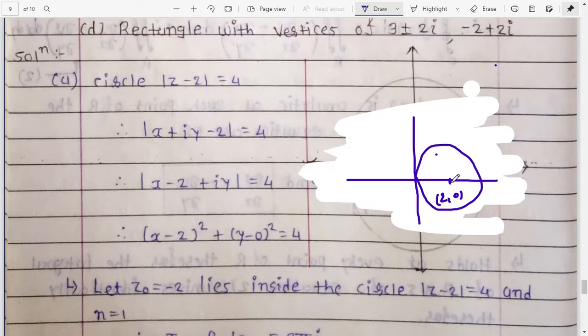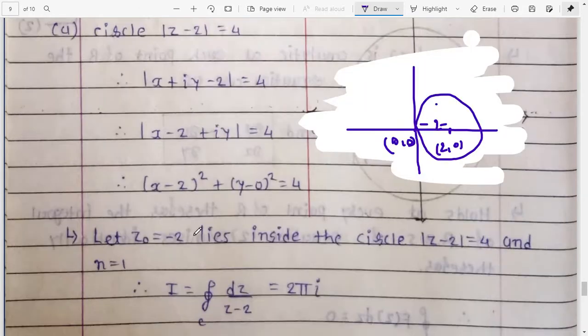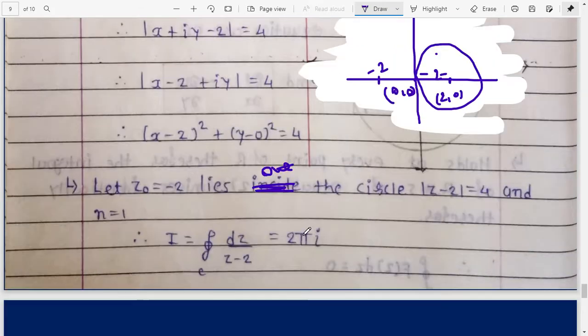This is the circle, radius 2. This is 0, 0. This is minus 2. So minus 2 is outside of the circle. Outside of the circle. So the integration is equal to 0.